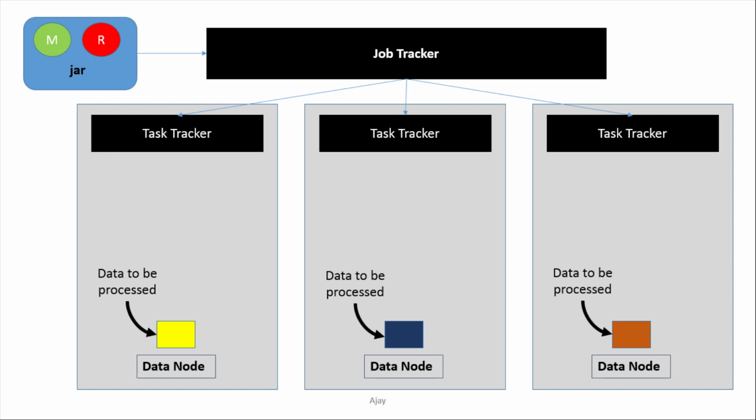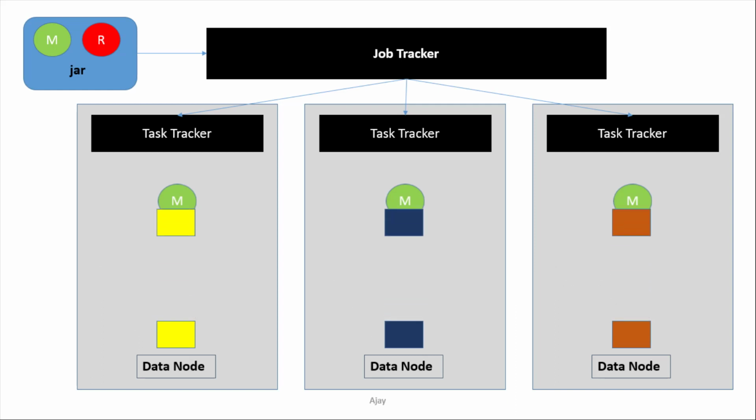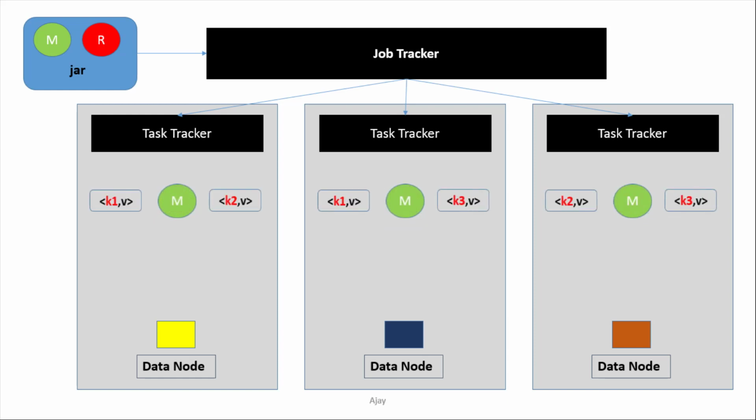Now the job tracker analyzes the code and figures out the location of the data for the program to execute and then instructs the task tracker in those data nodes to trigger the mapper code. On instructions from the job tracker, the task tracker triggers the mapper code. The mapper then makes use of the data in that particular nodes and generates the key value pairs.